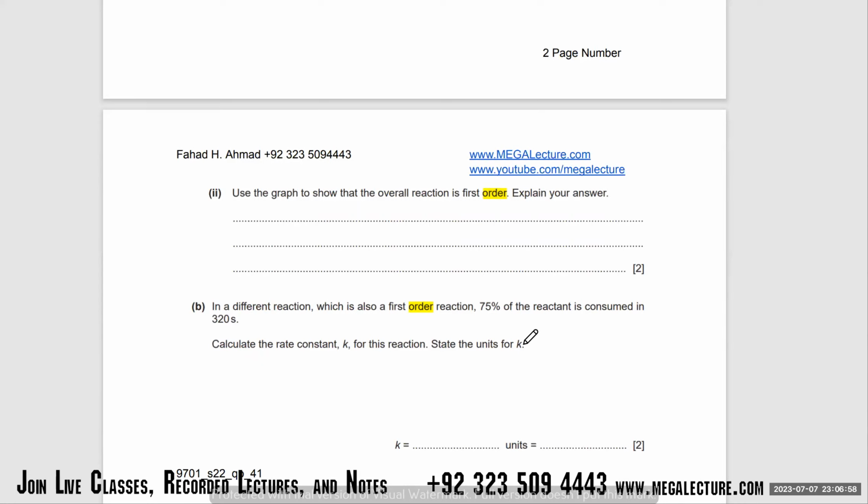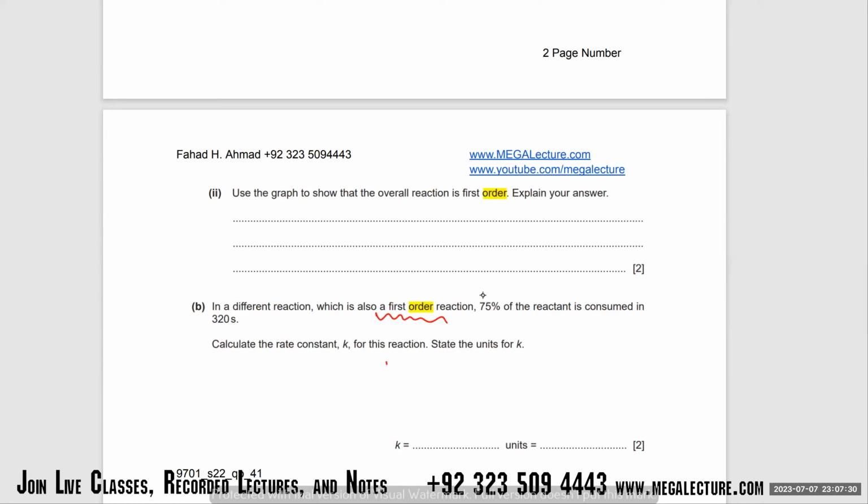As a first thing, can you figure out what the half-life is? He's saying that it's a first order reaction, and 75% of the reactant is consumed in 320 seconds.